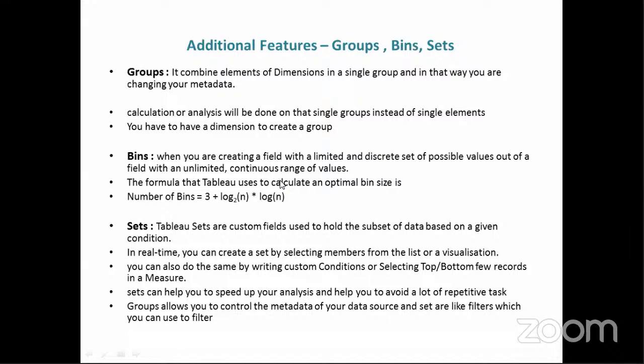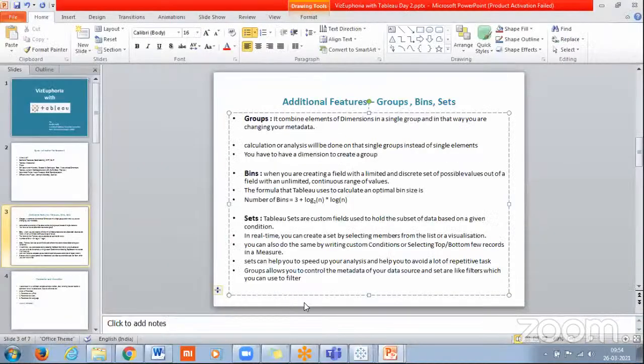Another bin size is 40 to 50, then 50 to 60, then 60 to 80, and 80 to 100. So these are the very customized sizes of bins that we have. But for Tableau or real-time data, any customized size can be provided here.